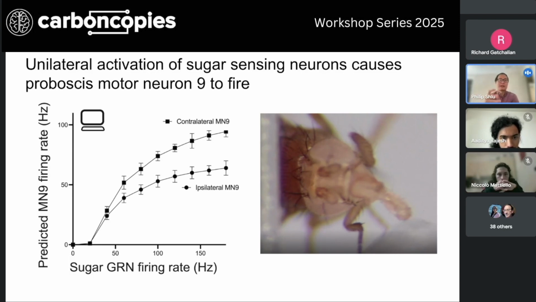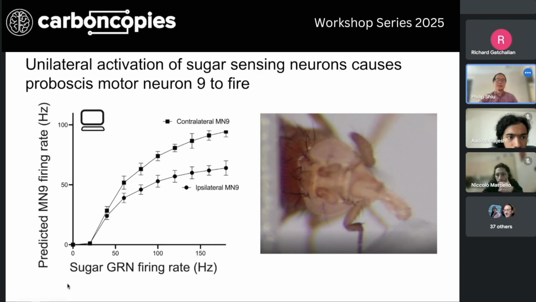There's a bunch of other proboscis motor neurons, but we focused on motor neuron 9 simply because it's the one that is the largest. It controls the largest segment of the proboscis, allowing us to fairly easily determine whether or not motor neuron 9 is activated, because we will know whether or not the fly has extended its proboscis.